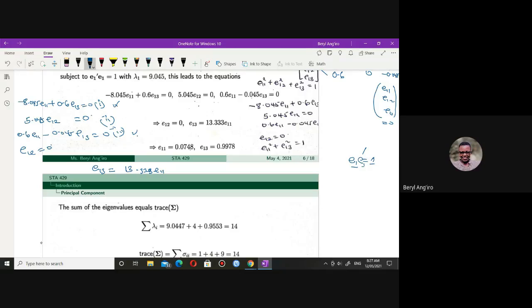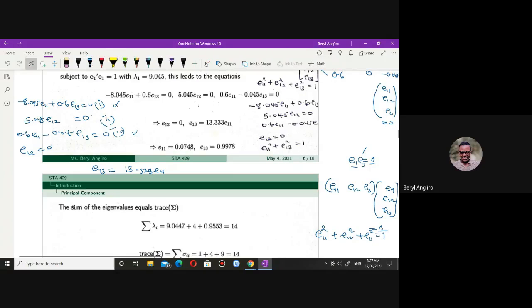That is the product of E11, E12, E13 times its transpose must be 1, meaning we have E11 squared plus E12 squared plus E13 squared equals 1.